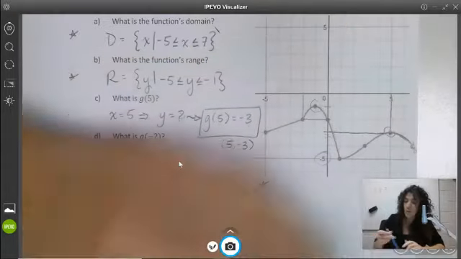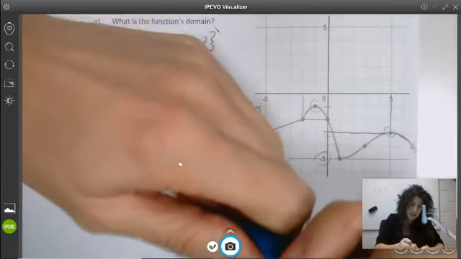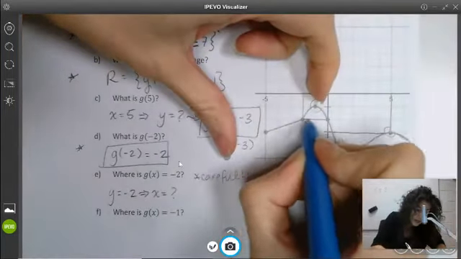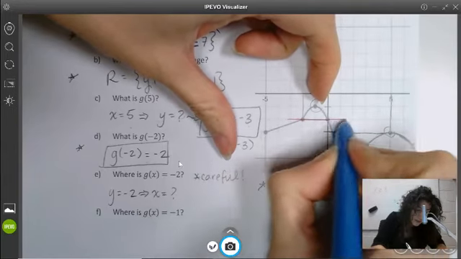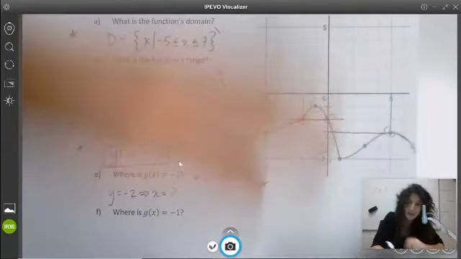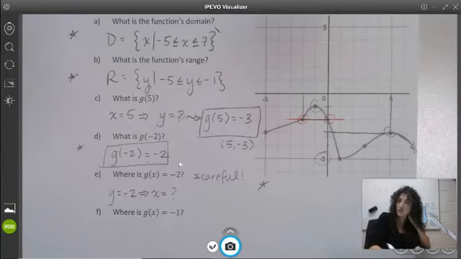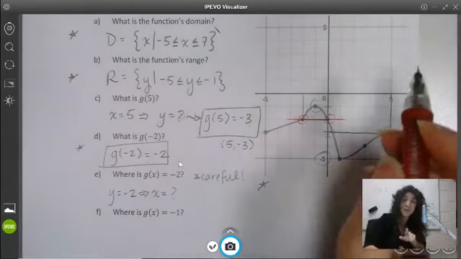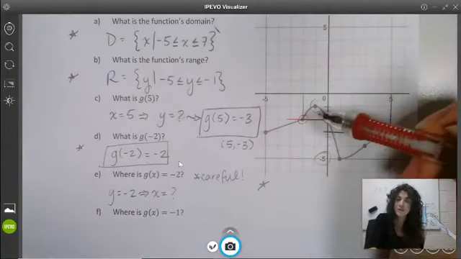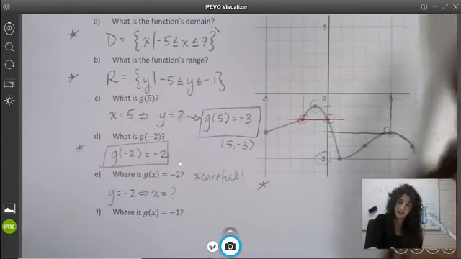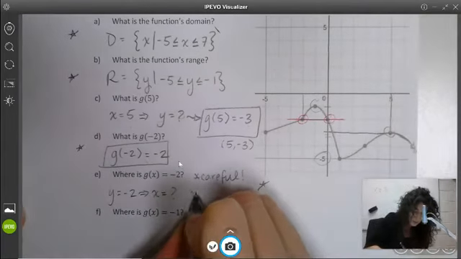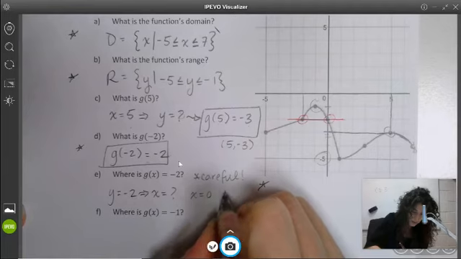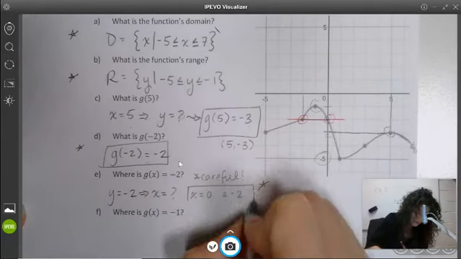If I go to my y-axis and find negative 2, notice I have 2 points that are along the y value of negative 2. And those points are at 0 and then negative 2. So you would say x equals 0 and negative 2.